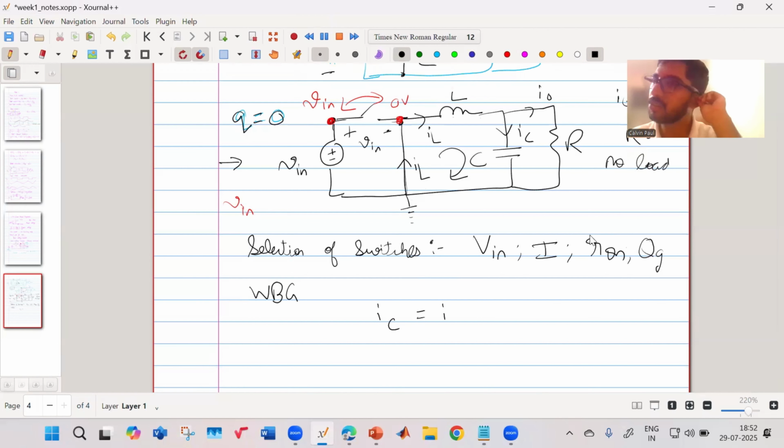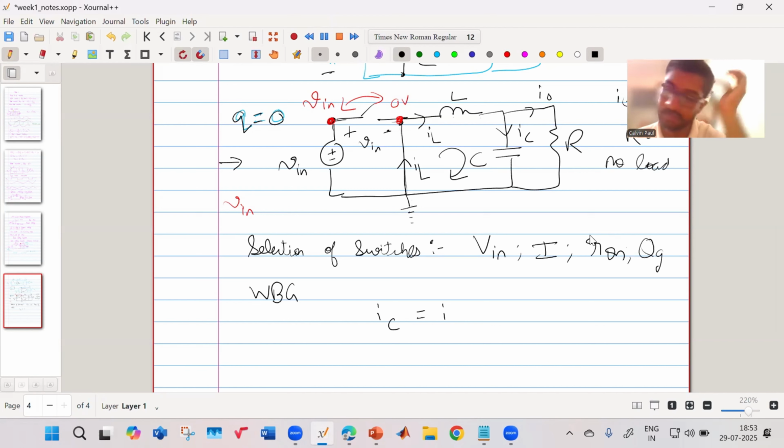The rating should be higher than Vin, maybe 1.5 times or even up to 2 times that rating, because switching happens and there are spikes.